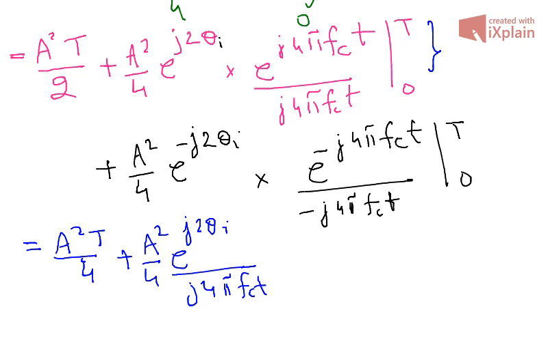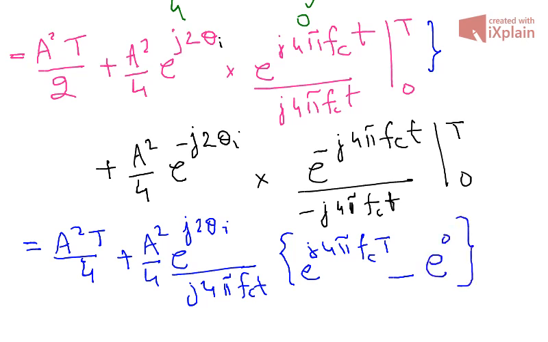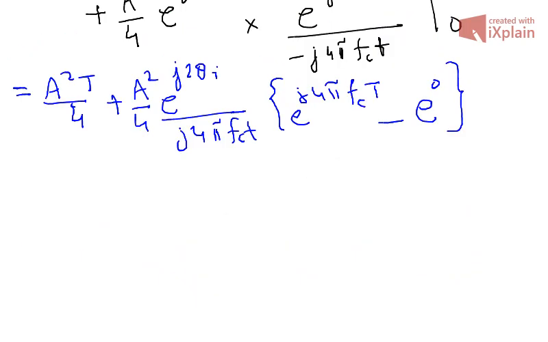When we apply this limit, it would be e raised to the power j4πf_c times the upper limit, minus the lower limit, which is 0, so it would make it 0, right? Now move to the third term, where we have A squared over 4.